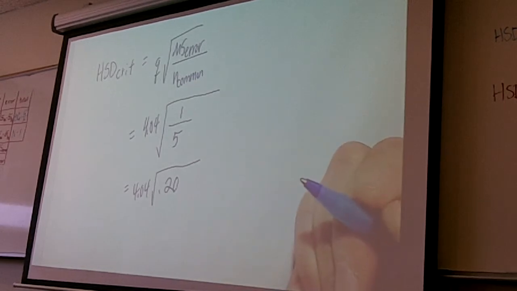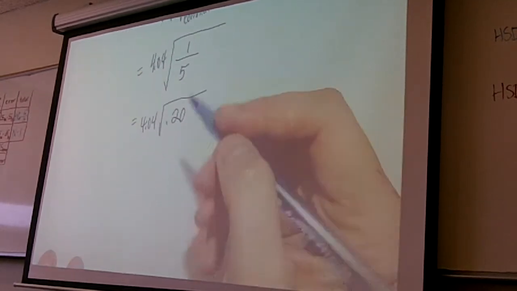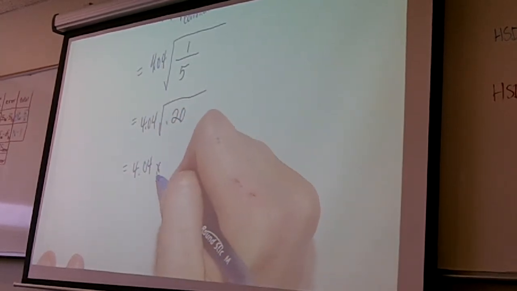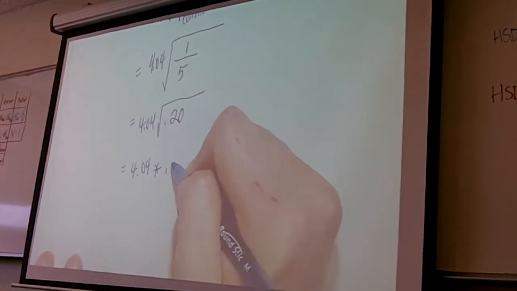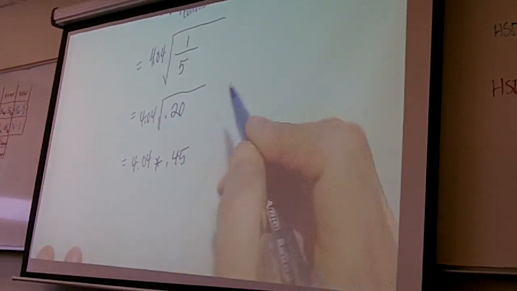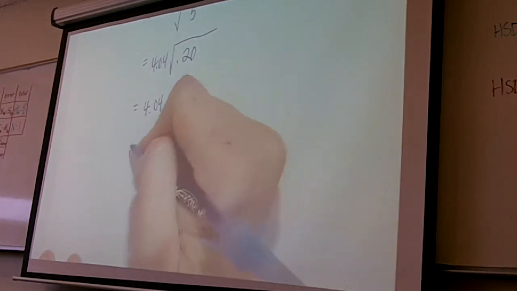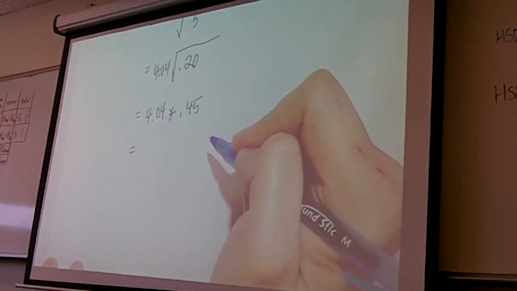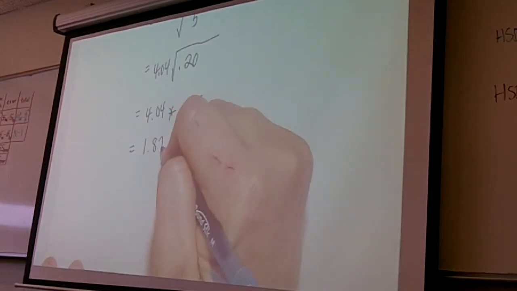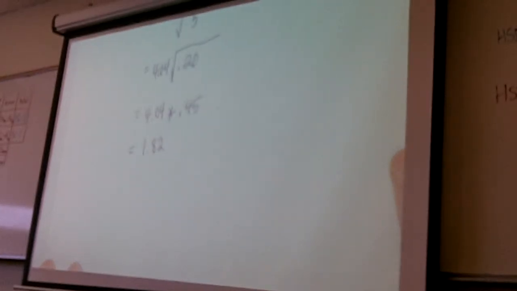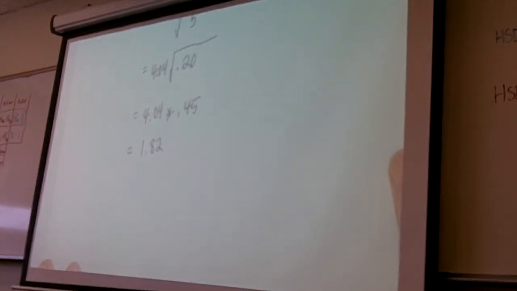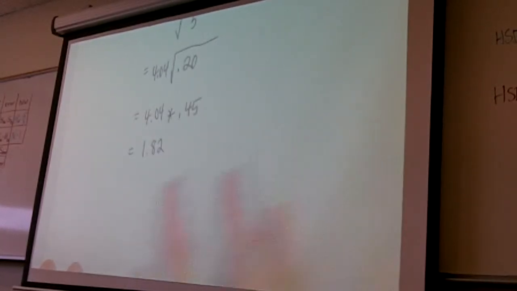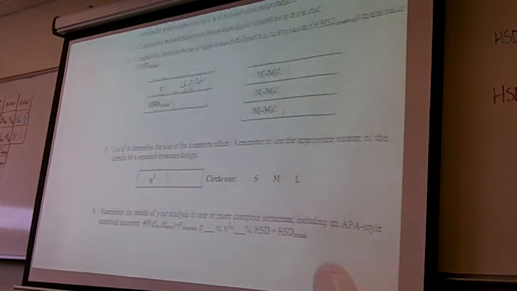And what is the square root of 0.2? 0.45. And what is 4.04 times 0.45? 1.82. Do we agree? Everybody's good with where that number came from? Anybody need to go over the steps again? Okay, let's write that in there, 1.82.